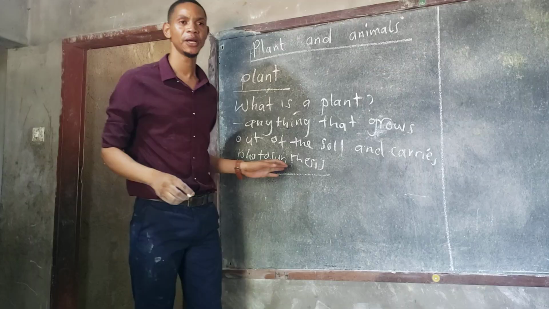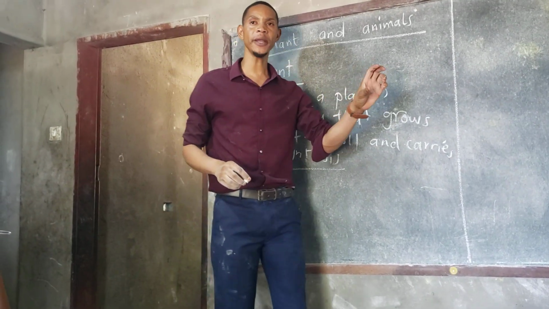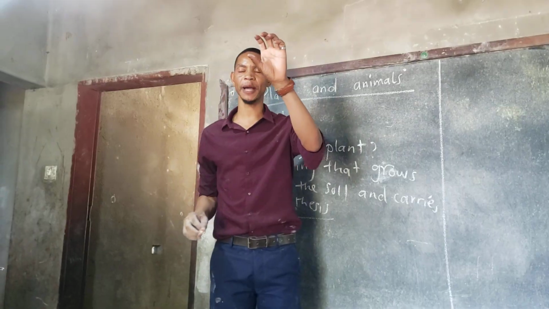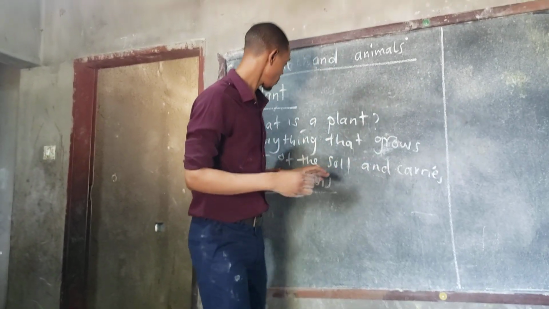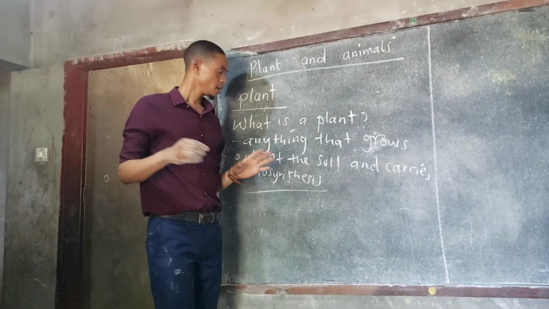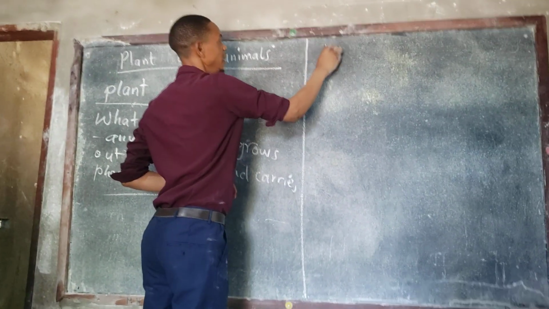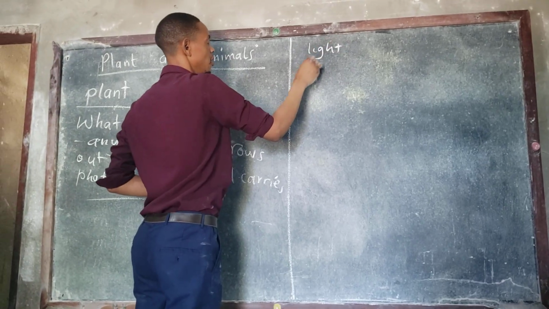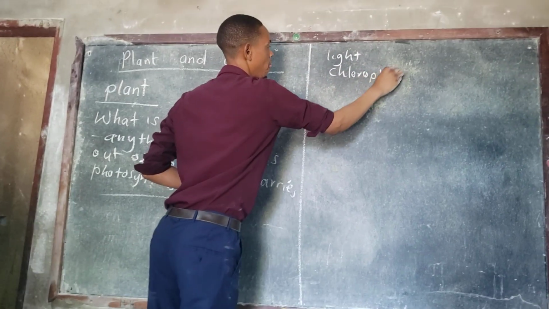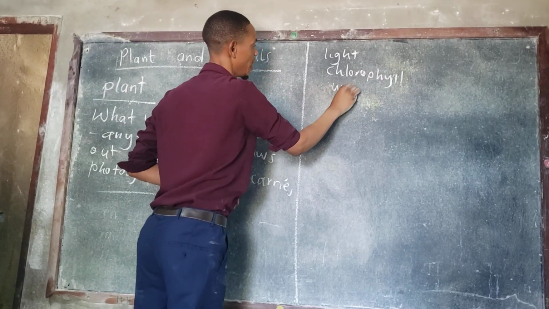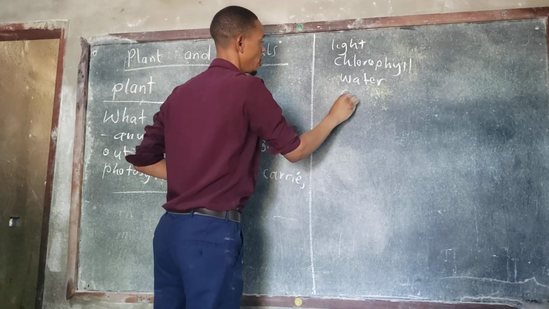Photosynthesis simply means the usage of carbon dioxide, sunlight absorbed by the leaves, the chlorophyll, plus water. So I'm saying light energy, chlorophyll, water, carbon dioxide.